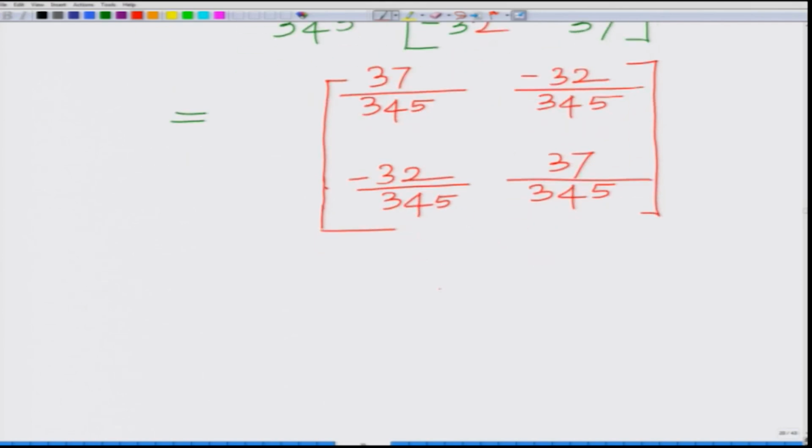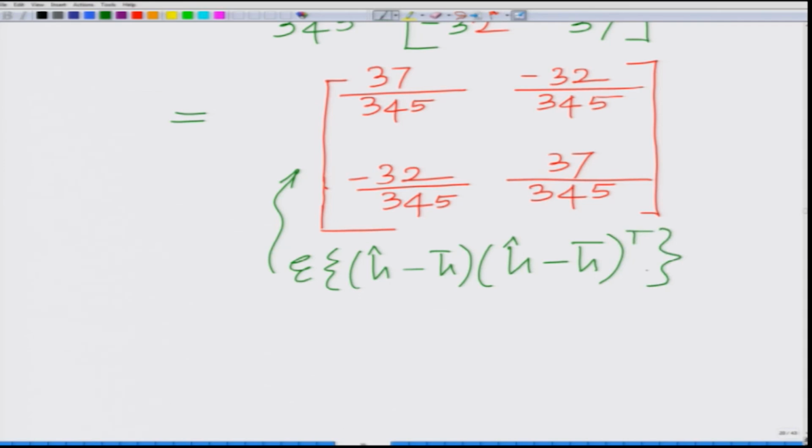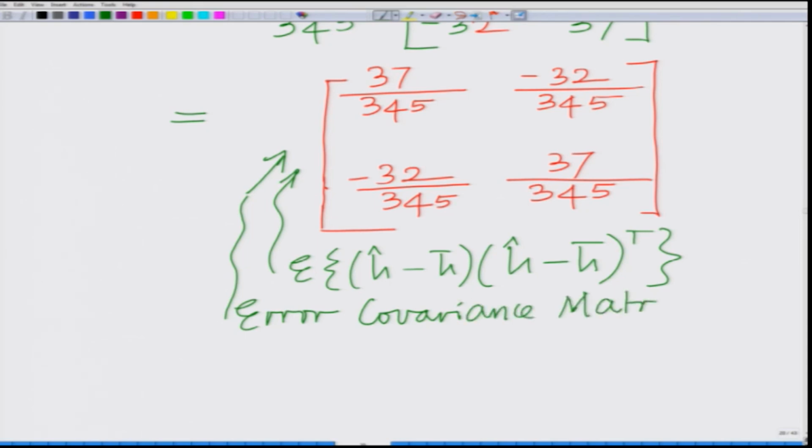This is basically the expression for the error covariance matrix, expected value of h hat minus h bar into h hat minus h bar transpose.